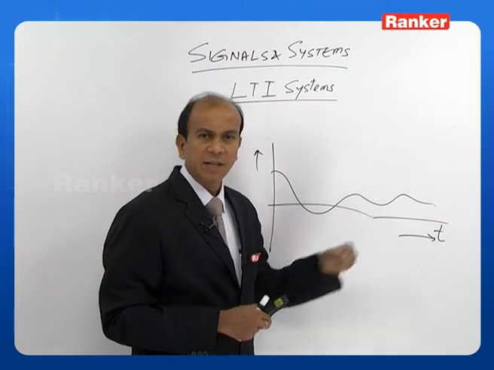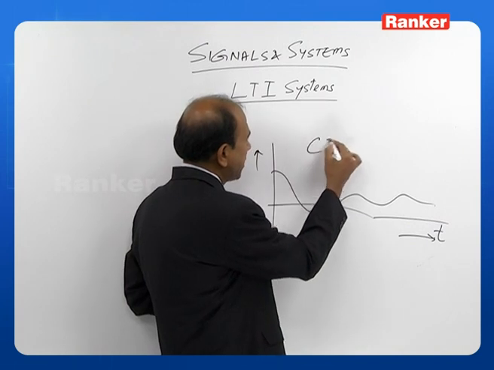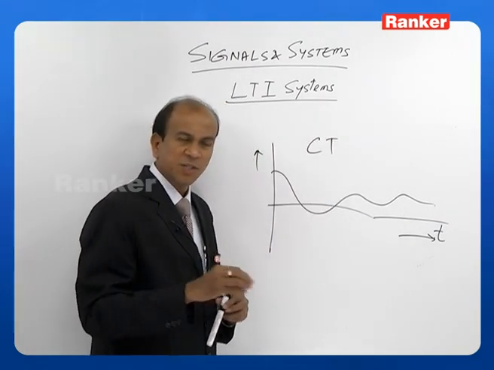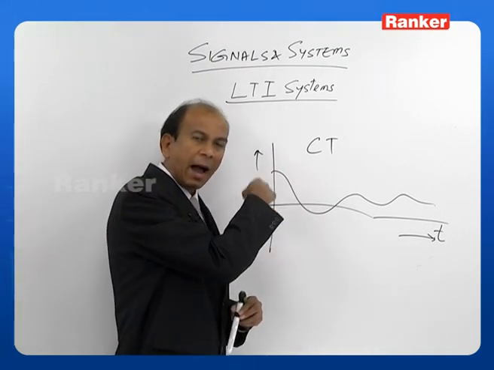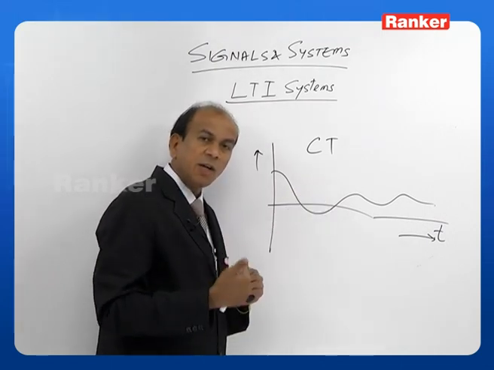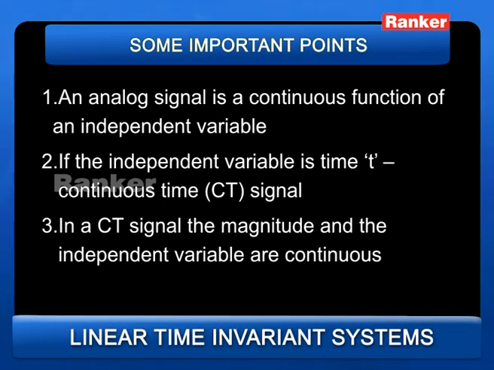Such a signal is called a continuous time signal, or famously CT. CT indicates that it is continuous with respect to an independent variable. The independent variable for us here is time, and this analog signal is in fact a continuous time signal. In a continuous signal, the magnitude and the independent variable are continuous.